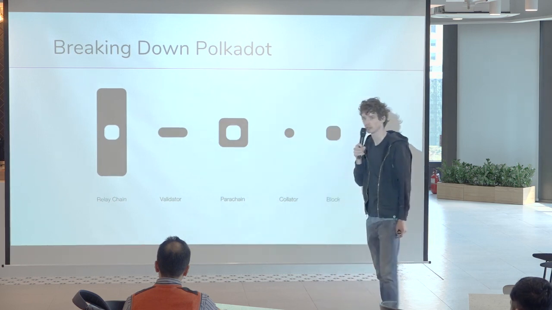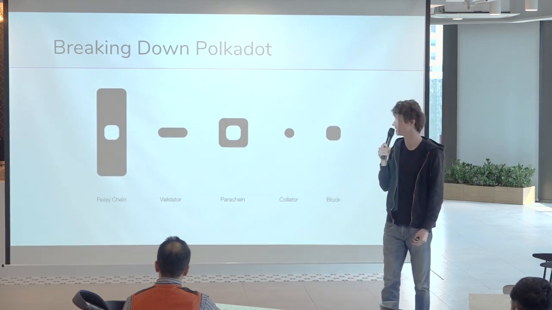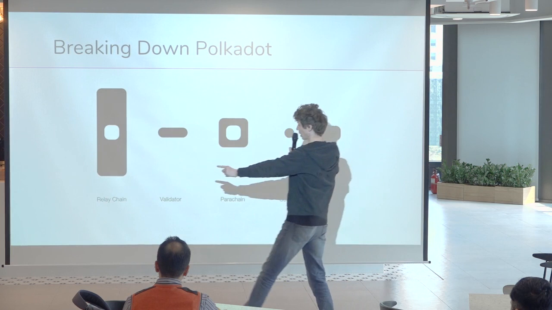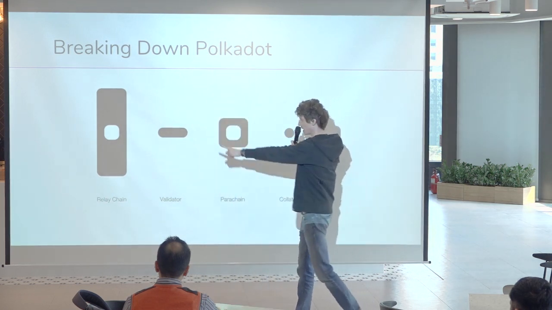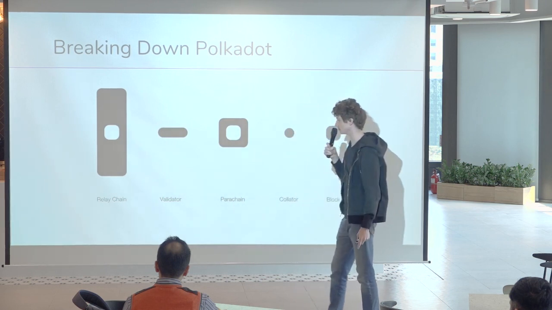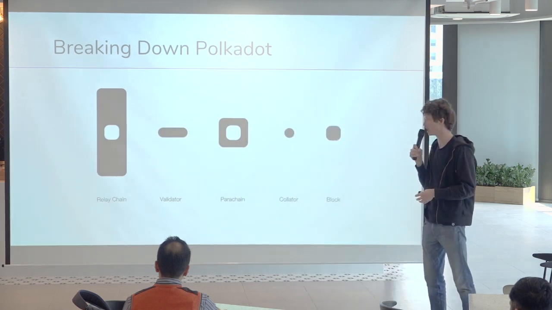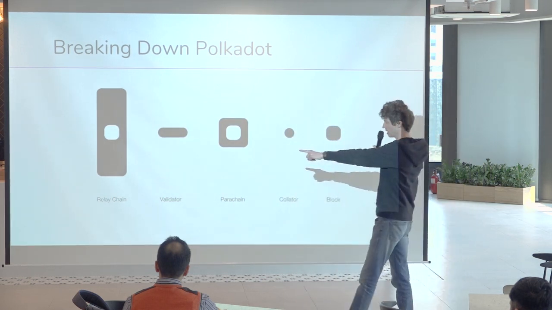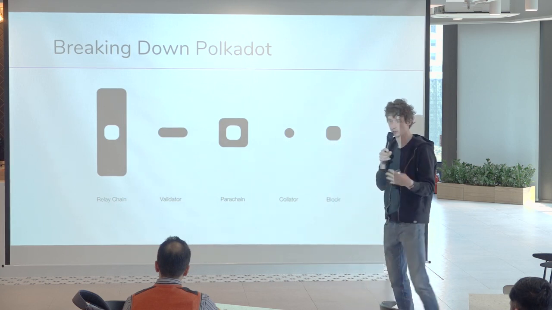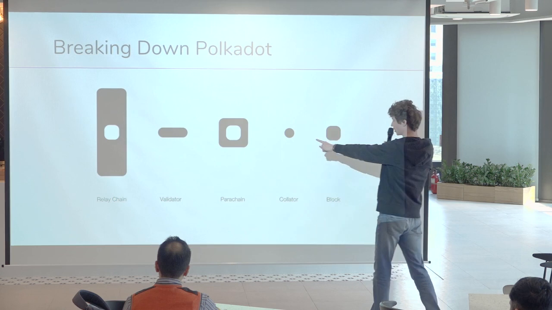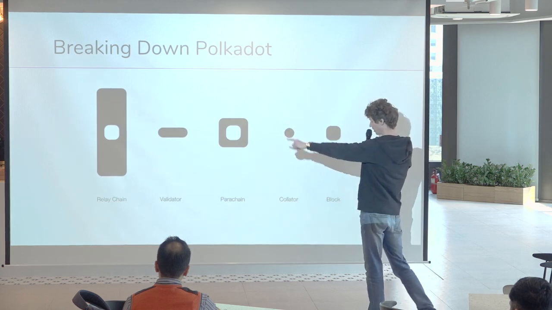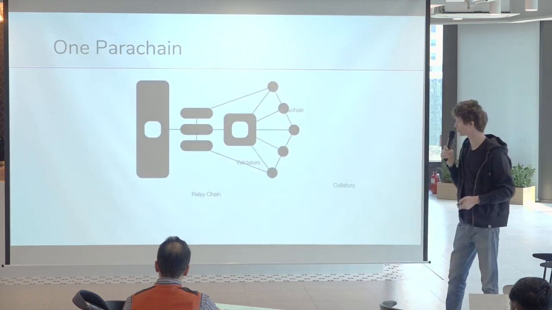Parachains could be something like Ethereum, or something like Zcash, and then the Polkadot blockchain, so to speak, is this right here. There are validators in between taking transactions and growing the relay chain blockchain, bundling them into blocks and agreeing on them. Collators are like validators, but for parachains.